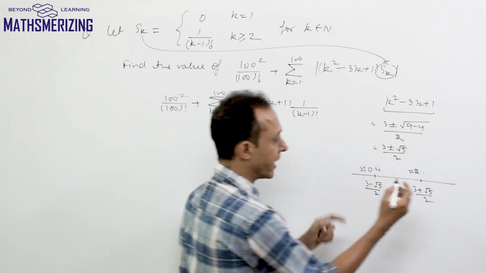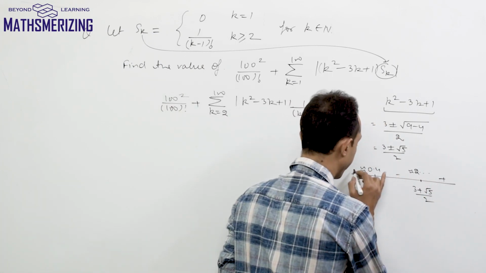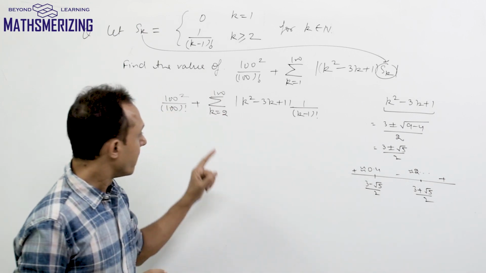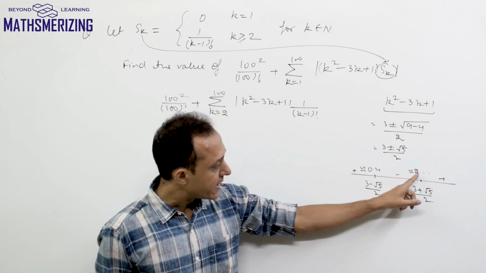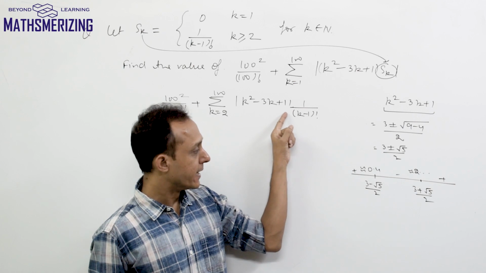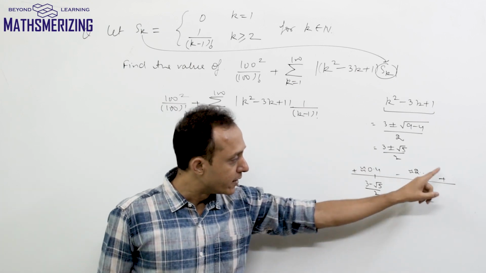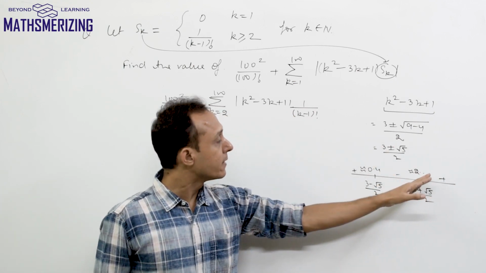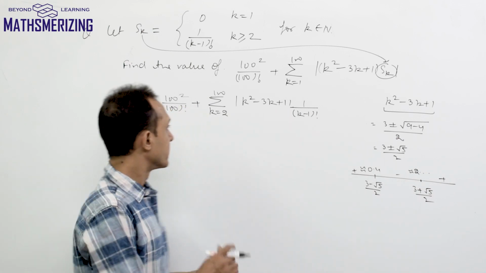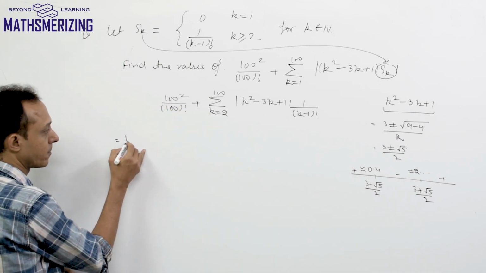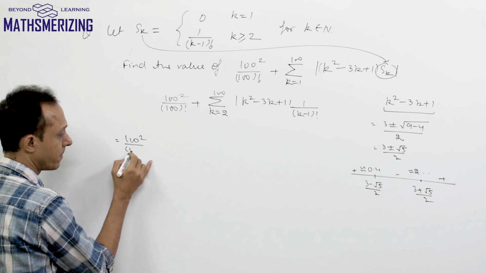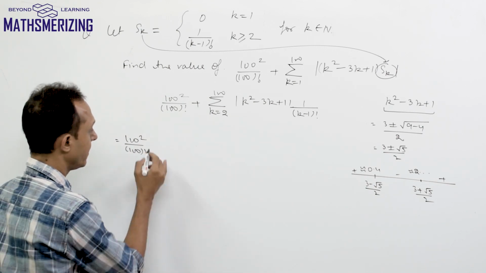What I know is the sign of the rightmost region will be plus, then minus, and then plus. So in this case, when the value of k is less than 2 point something, this expression is negative, and when the value of k is greater than 2 point something, this value is positive. So I'll express it as 100 square upon factorial 100.